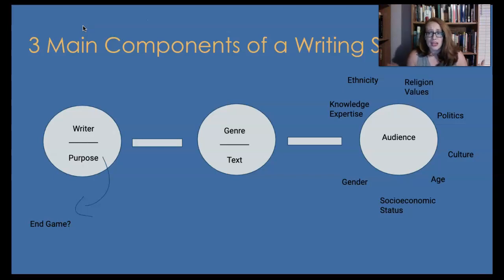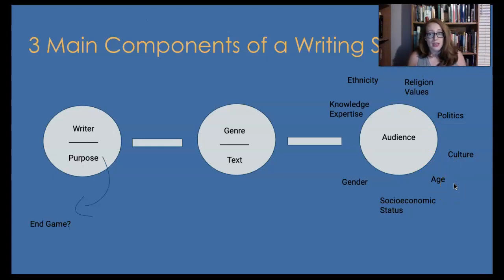You might not think about all of these characteristics every time you sit down to write, but you might be working on a certain issue that's of a political nature, and so your audience's knowledge, their political affiliation, possibly their religion or values, maybe even their age, those are characteristics of your audience that might make a difference.